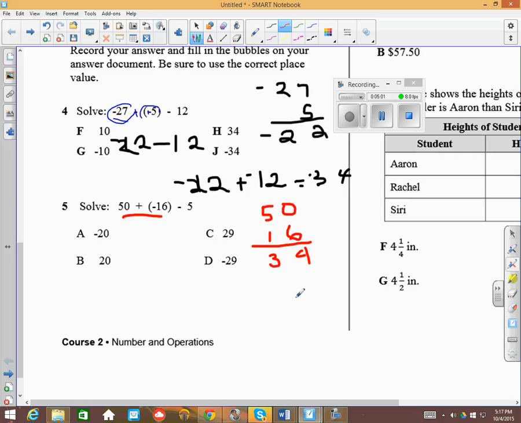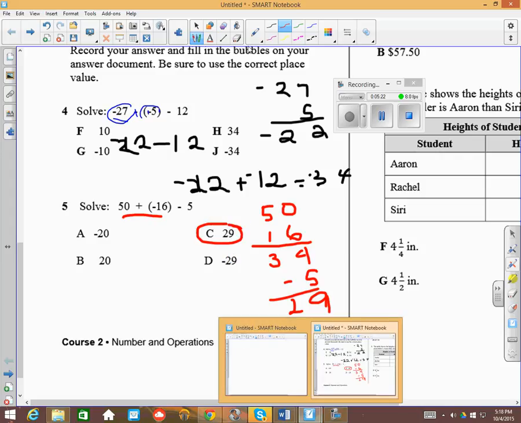So we know that is going to be a positive 34. Then minus 5. When you subtract that, there are different signs, so we subtract, and that will give us positive 29, because the 34 is the larger number.